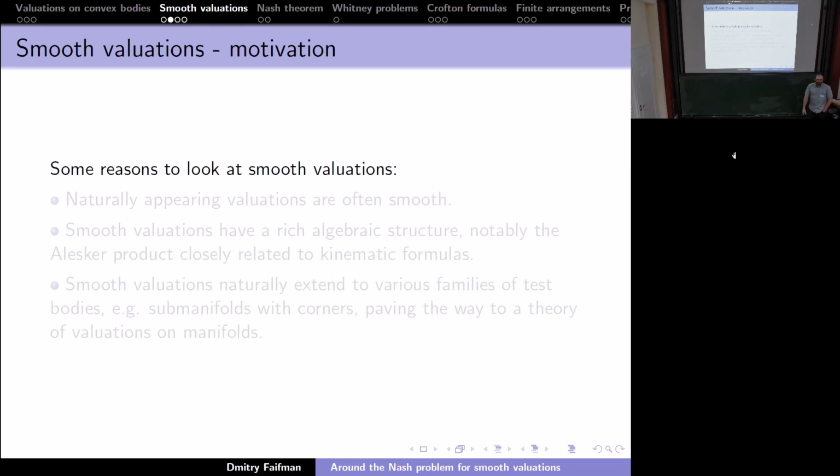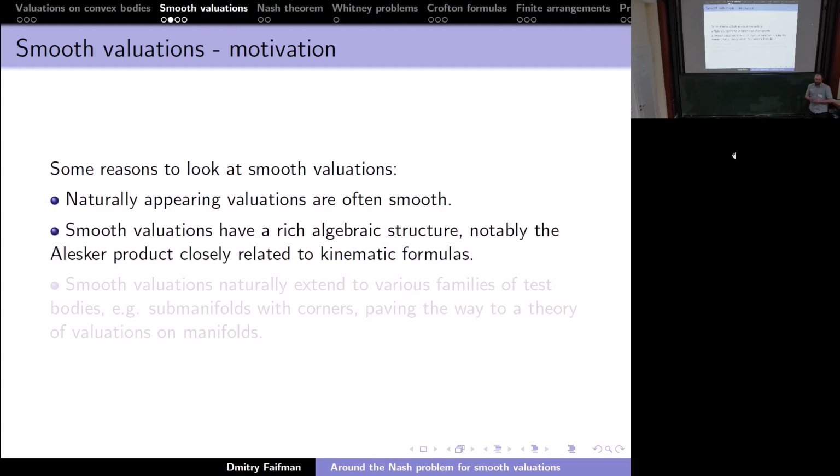Good. Why do we look at smooth valuations? There's some motivation for that. Here are three reasons that I distilled. A lot of valuations that appear in nature are already smooth. As a space, it has very nice algebraic properties. There are various structures, in particular the Alesker product, which is only defined on smooth valuations, at least a priori.